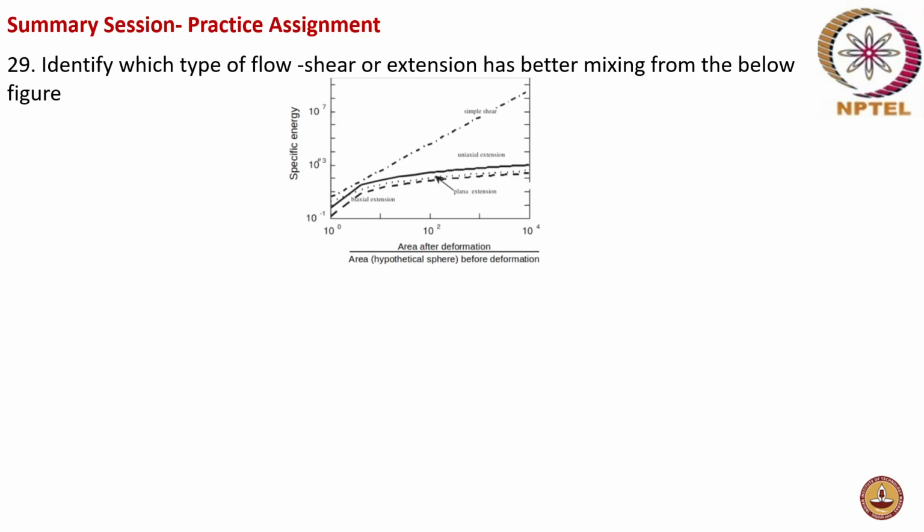In simple shear you have a straight, continuously increasing line, whereas in uniaxial and planar extension the specific energy increases initially and then becomes almost constant. So which type of flow will be better?